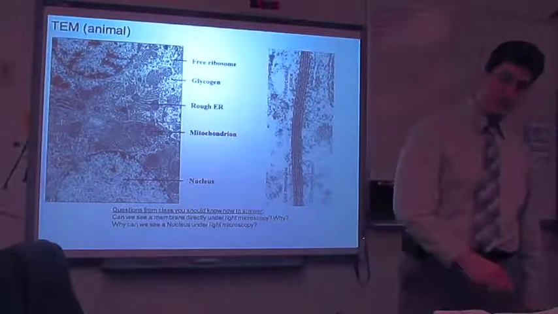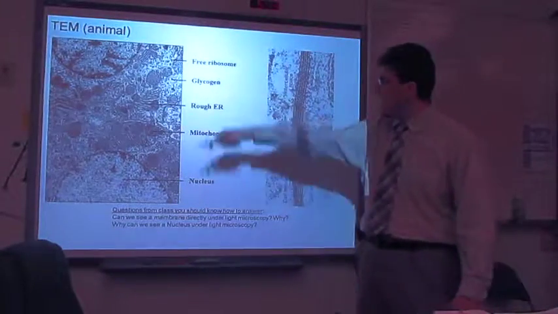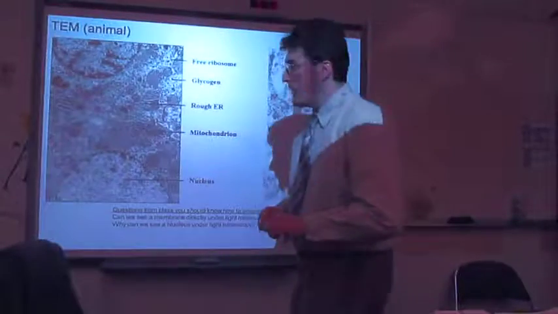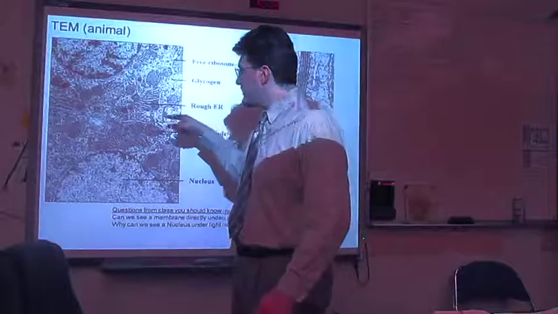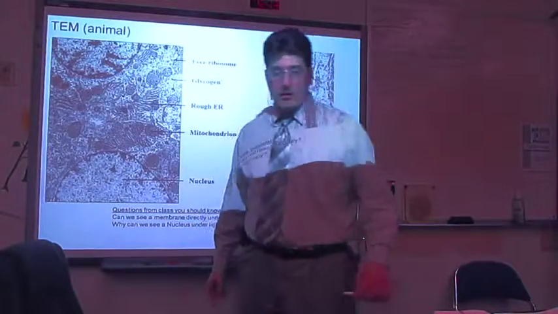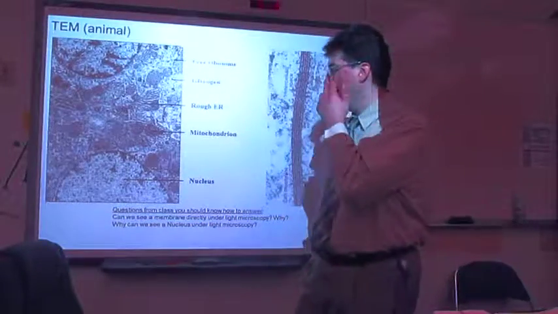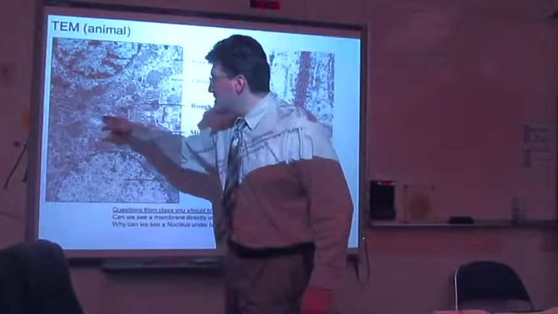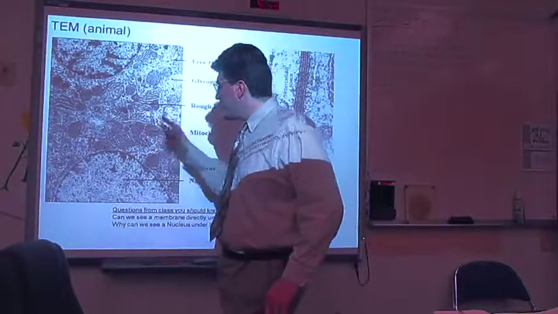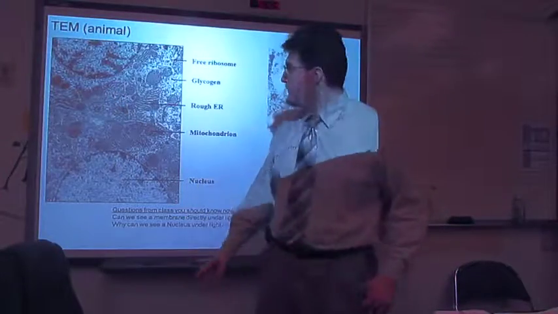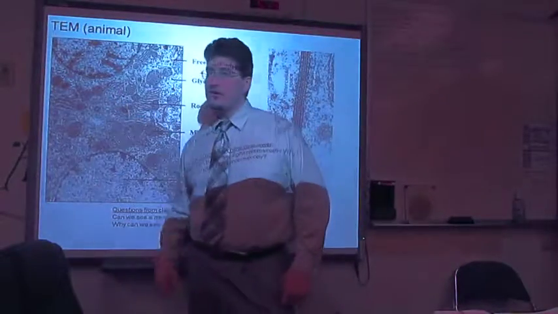This is a transmission electron microscope image of an animal cell. This is an animal because there is no cell wall. This is the plasma membrane right here. We can tell this is the plasma membrane because we see empty space.